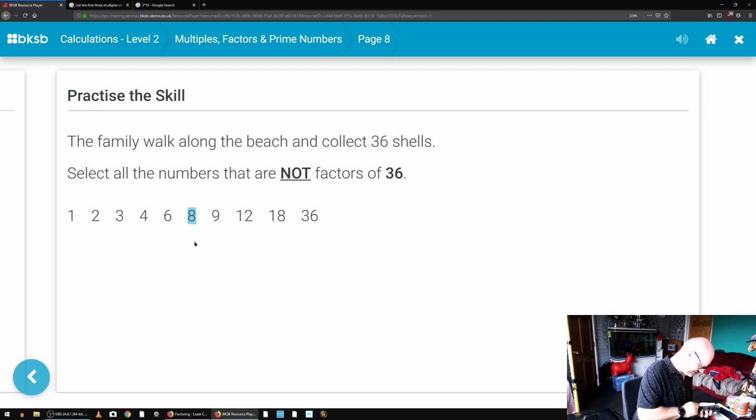Because you're like 8 plus 8 plus 8 plus 8. Yeah. 9 is not a factor of 36. 12 is, so that's 10, 20, 36. 2 8s is 16. That is, so just those two.